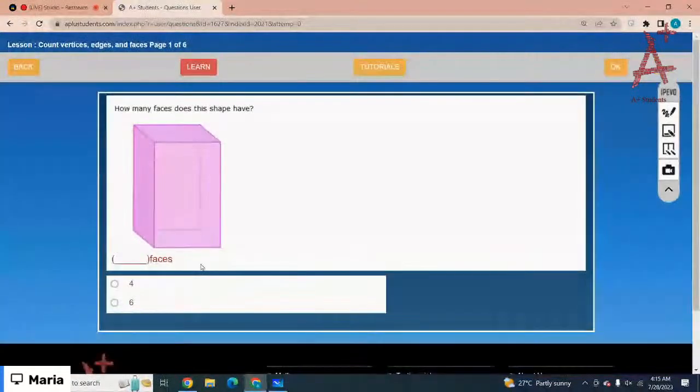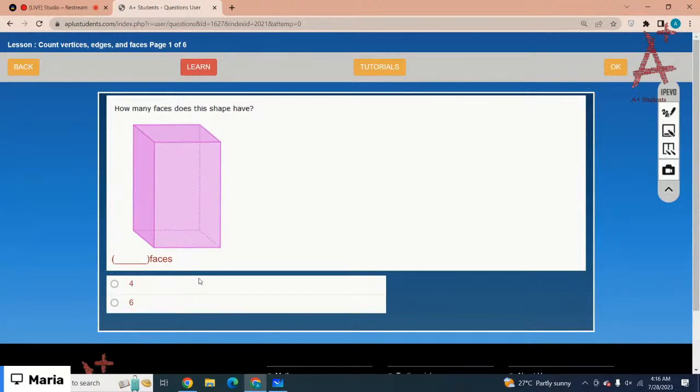How many faces does this shape have? How many faces does this shape have?